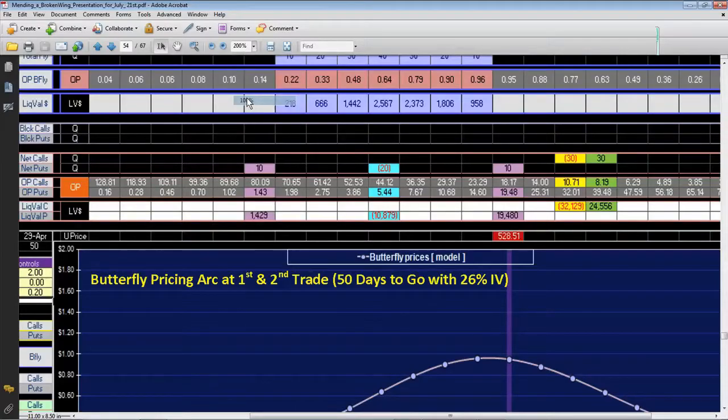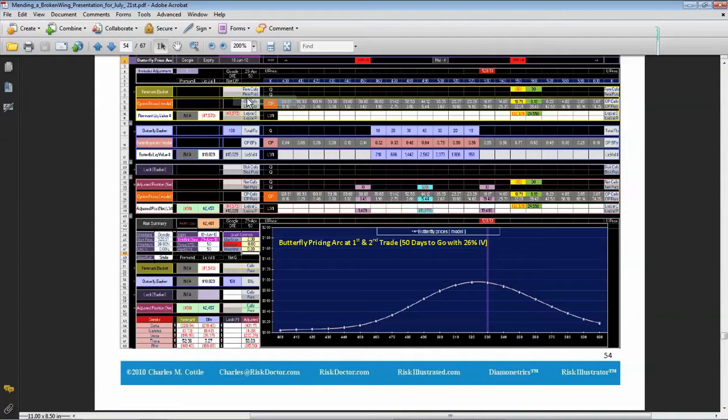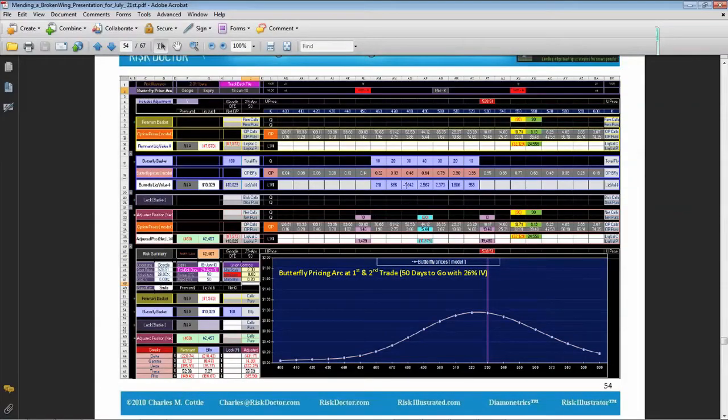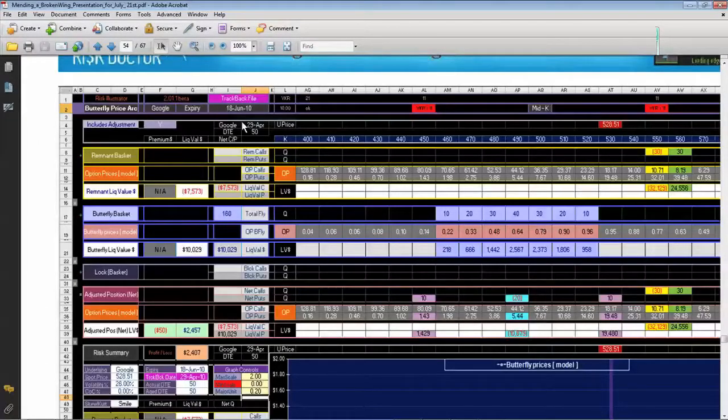Okay. These are, if you'll notice, the butterfly prices. Let me make it just, I'm not going to go to 200, I'll go to 150. Do I see everything I want to see? I want to see the strikes. Okay. Well, we got the strikes down here because this is lining up with the strikes.